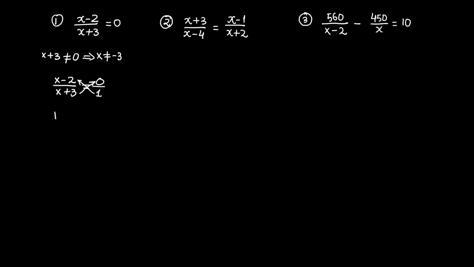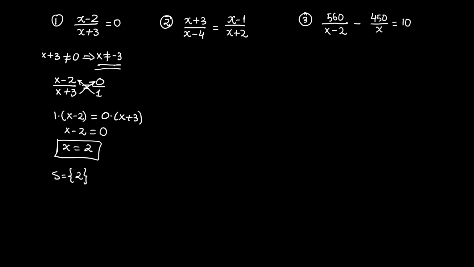So I have 1 times x minus 2 equal to 0 times x plus 3. That means x minus 2 equal to 0. Then x equal to 2. Since this value is different from minus 3, this is the solution.